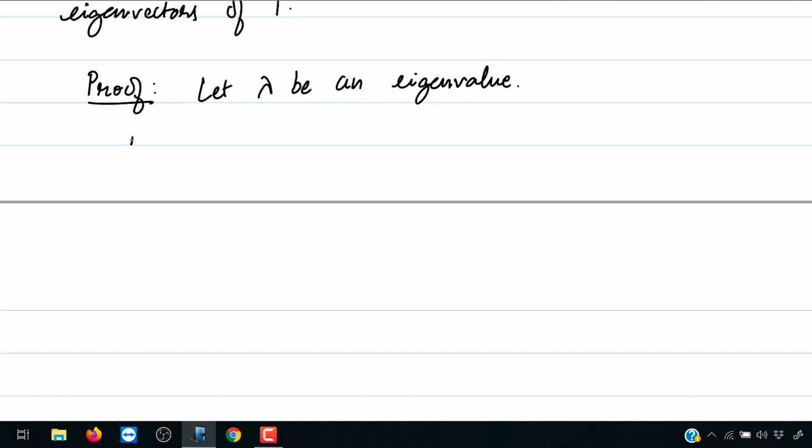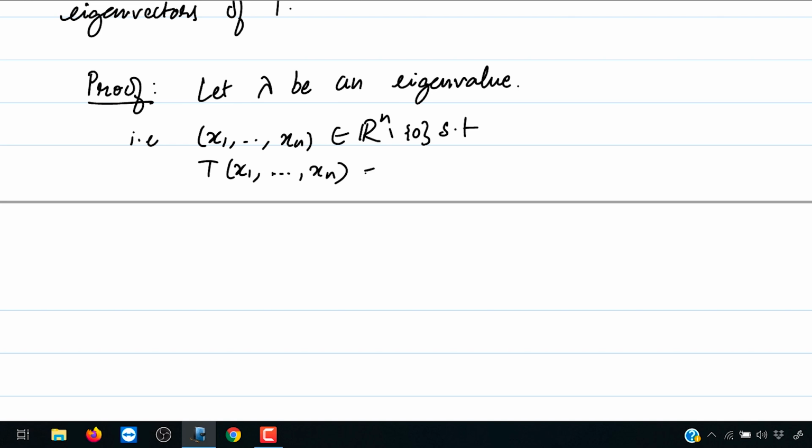This means that there exists x1 to xn in Rn, not the 0 vector in Rn, the 0 vector is avoided, such that T of x1 to xn will be lambda times x1 to xn.